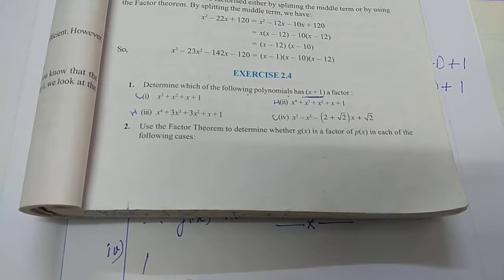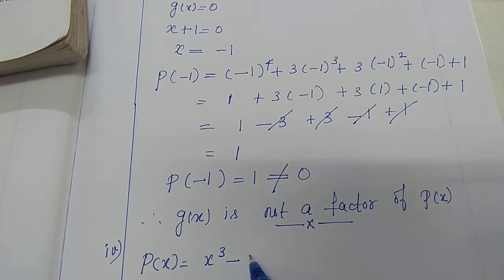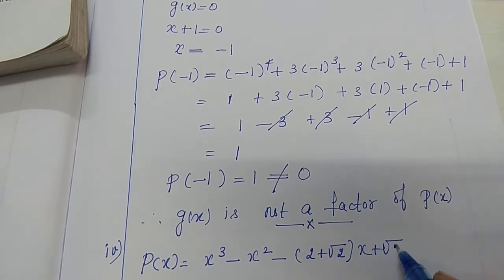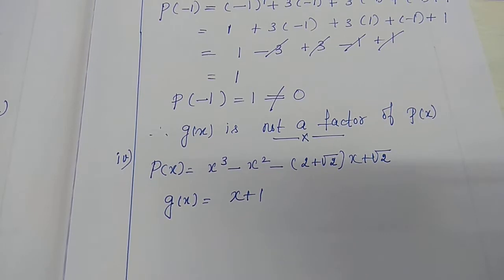So our p of x is equal to x cube minus x square minus 2 plus root 2 x plus root 2. Our g of x is x plus 1.